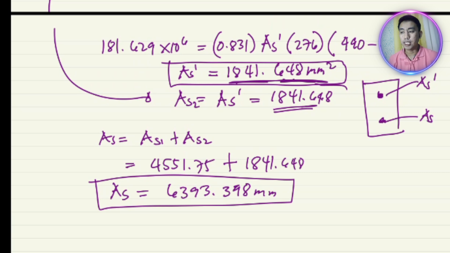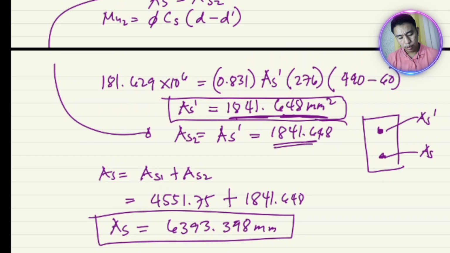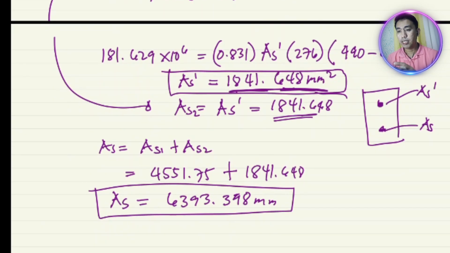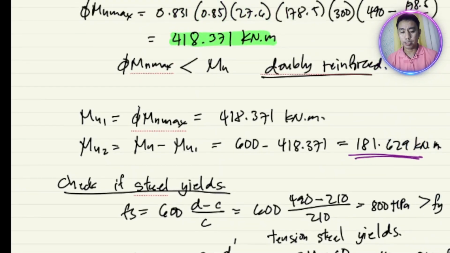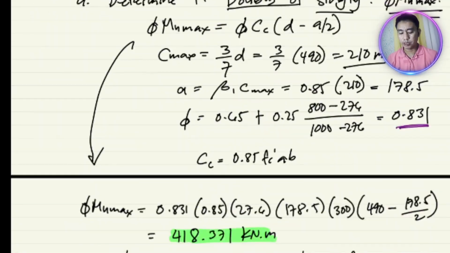Okay, so I will cut the example here, but in the next video, I will add three more examples for investigation problem. This one is designing problem. We are given Mu, we determine the area of bar. So medyo mahaba nga lang yung doubly reinforced.